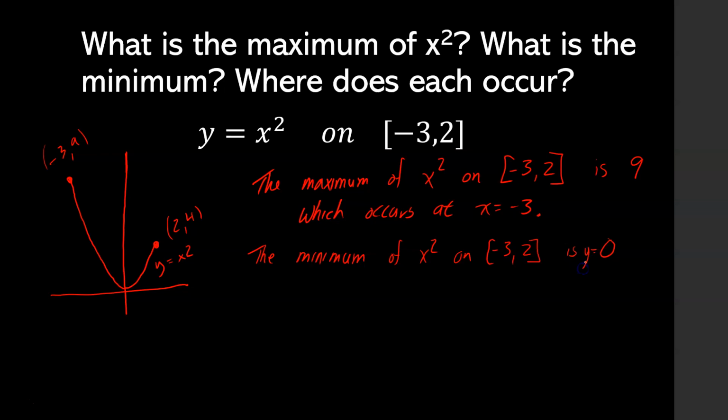And that occurs at x equals 0. Okay, so originally x squared didn't have a maximum, although it had a minimum. And this time x squared did have a maximum and a minimum. Let's see if we can tease apart what we did. Let's see something else.